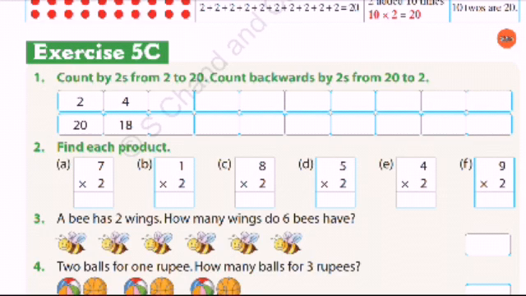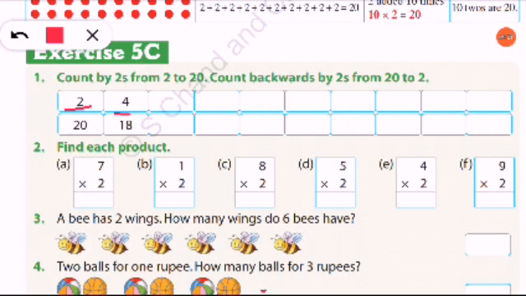You can see here 2 ones are 2, 2 twos are 4, and forward we have to count up to 10. First it is written 2 ones are 2. You have learned the table of 2 and you can write it very easily. So we can count 2 twos are 4.